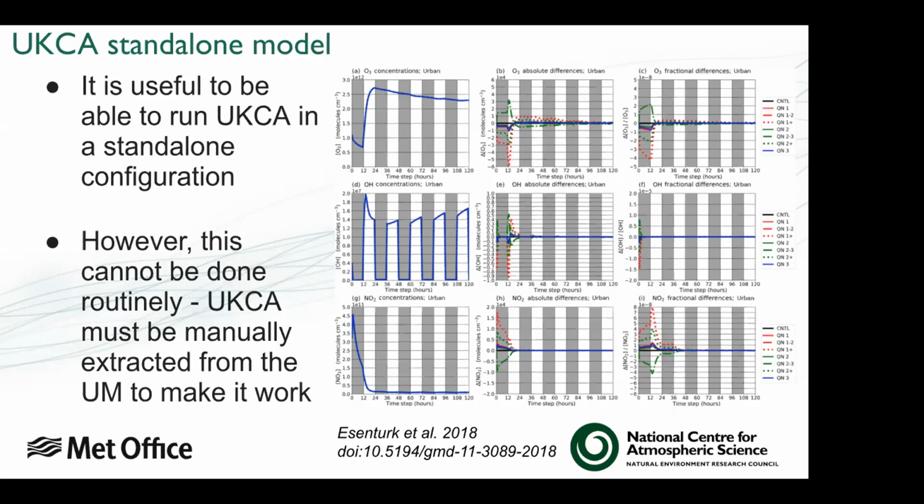At some versions there might not be many differences, but with the work that's gone on on the API, with work that Olaf had done to improve how the chemistry is defined, the box model that was used for this work is now very different from the structure of the UKCA code on the UM trunk. And this means that it's not really a tool we could use anymore. We would like to be able to use it, but it's actually more work to keep using this than it would be to start afresh.